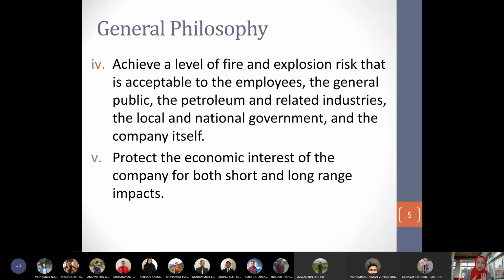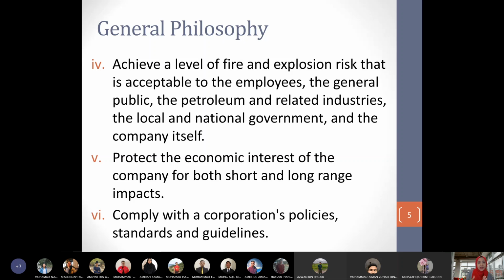The fifth objective is to protect the economic interest of the company for both short and long range impact. So you have to look at the economic factor, making sure that the company will not get any losses from any kind of accident. And number 6 is to comply with the corporation's policy standards and guidelines. So not just do you have to follow the rules and regulations of the government, but you also have to comply with the company's own policies, standards and guidelines.